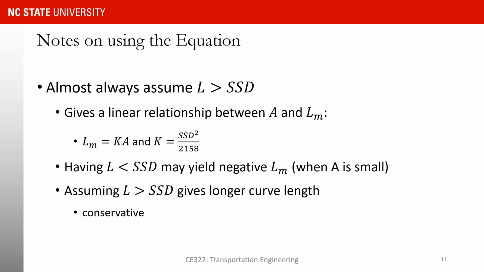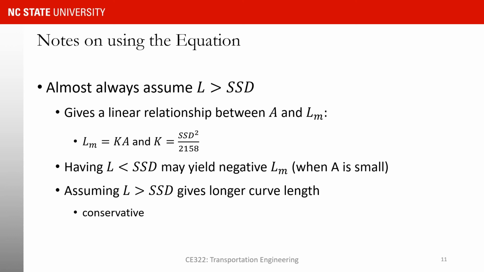The main reason is really two things. The first is that in the majority of cases, L is going to be more than the stopping sight distance. Second, the equation for L greater than stopping sight distance is easier than the other one. So it's always more convenient to assume L is greater than SSD, find L, and just check to see if that's the case.